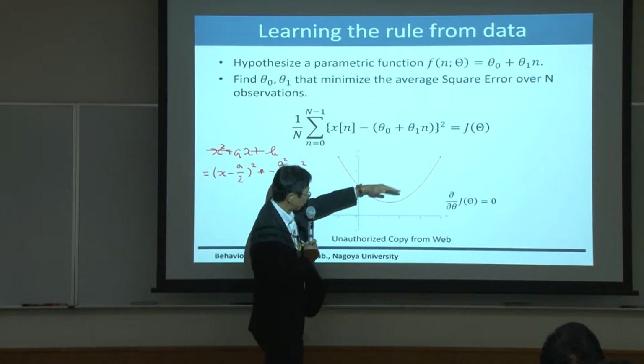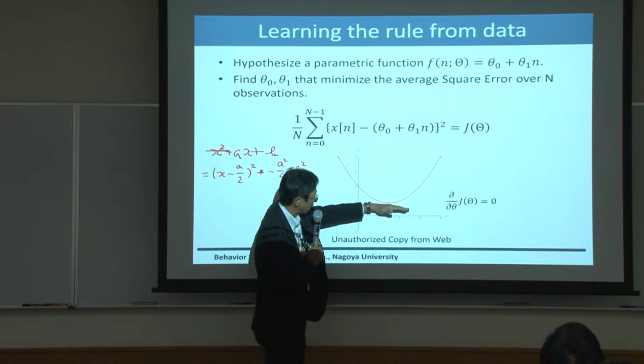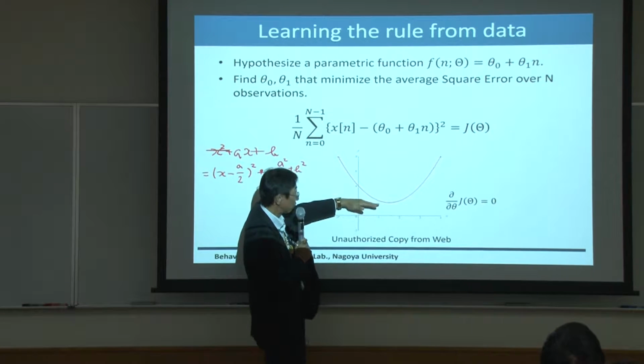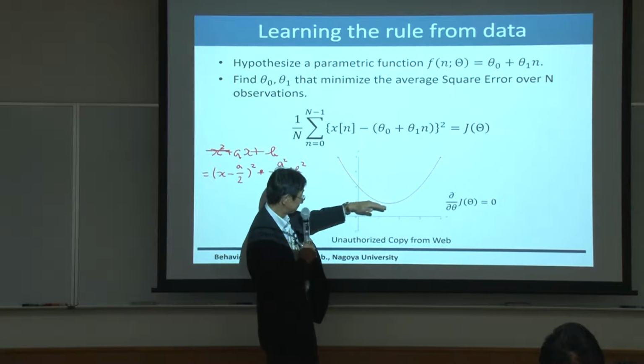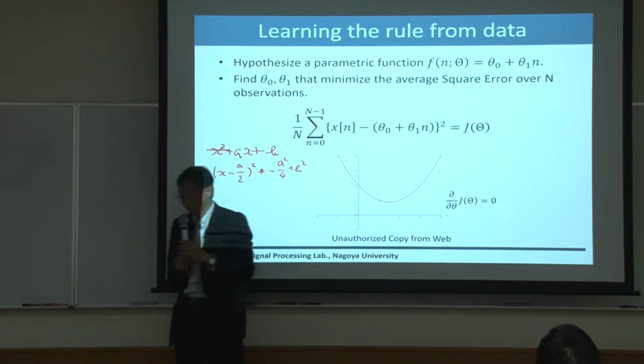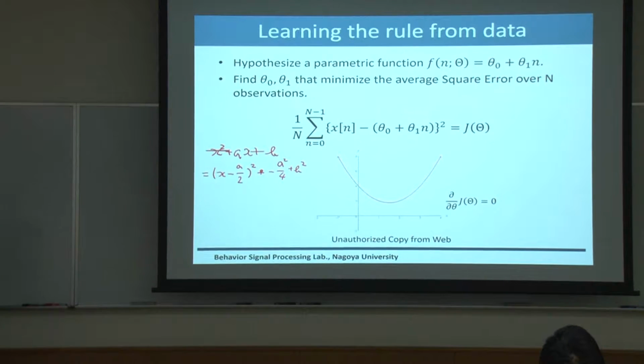Because at the bottom of the curve, we know that the derivative becomes 0. So the problem of learning theta 0 and theta 1 becomes a very simple problem.